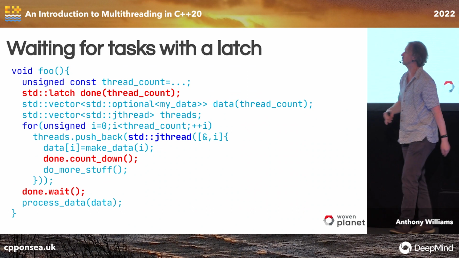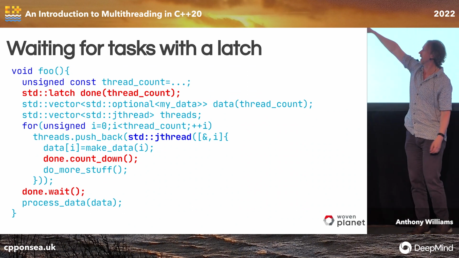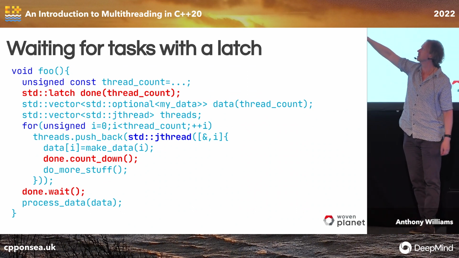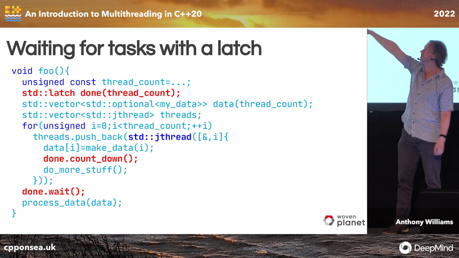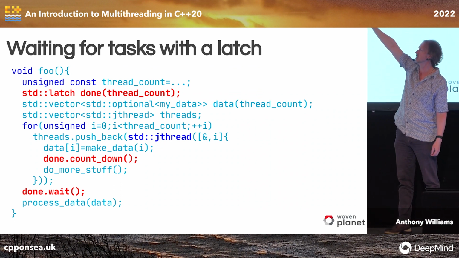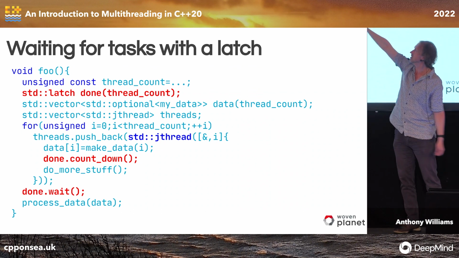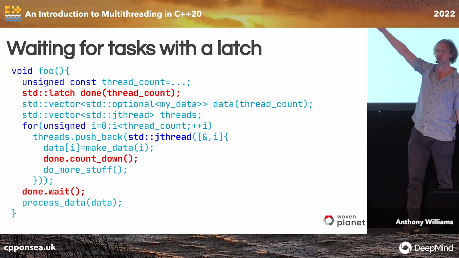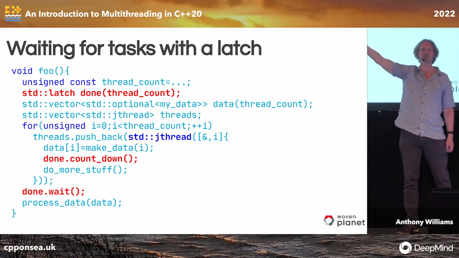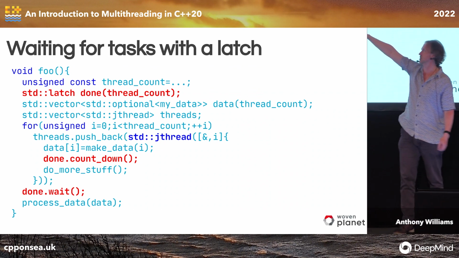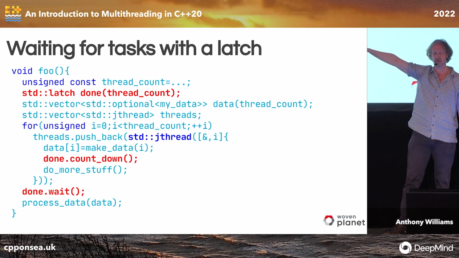So if we put that in some code, we have our latch. I'm going to call it done. We create it with a thread count because we've got that many threads. We've got some data in a vector, with one block of data per thread that we're trying to construct. And then we have our vector of jthreads for managing the threads.